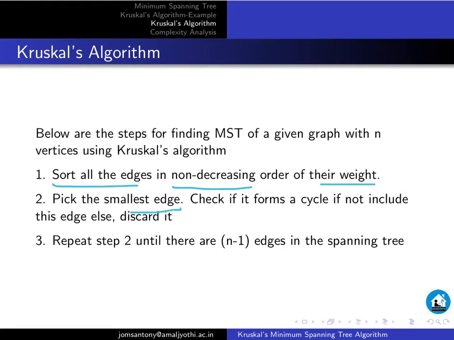While choosing that, you should also check whether it forms a cycle. If it is not forming a cycle, add it to your solution. Otherwise, discard it. And then you have to continue this process again and again until you add n-1 edges to the solution.